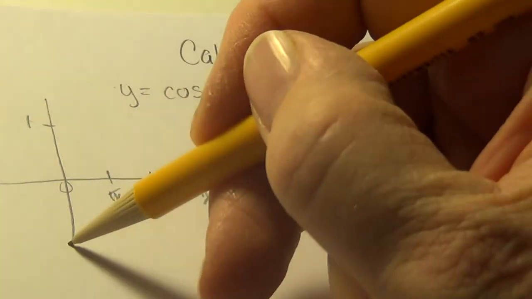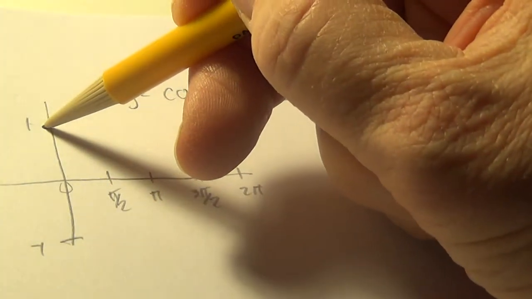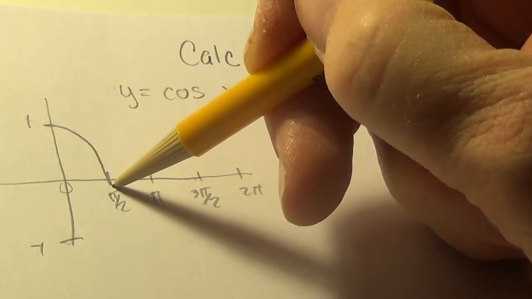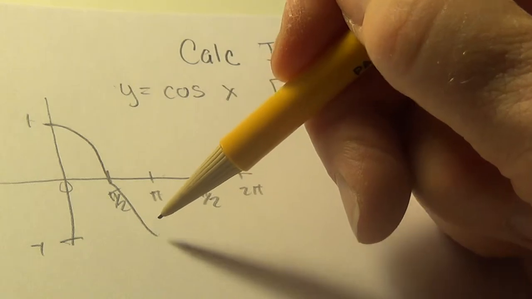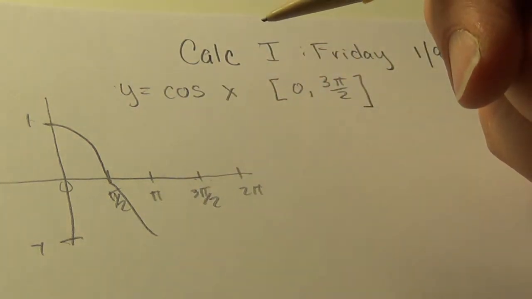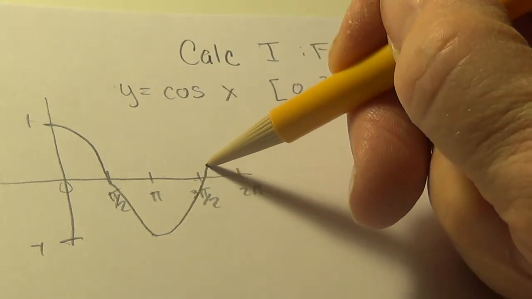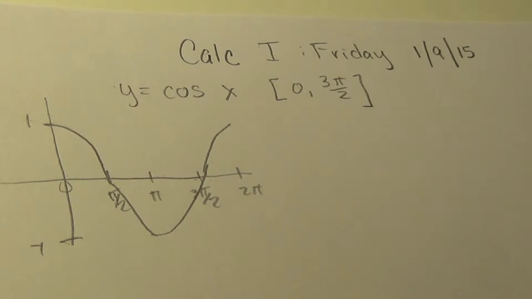It starts at the high point, which for the cosine curve is 1. It zeroes out at pi over 2. It gets to the lowest point, which is -1 at pi, and then it comes back up at 3 pi over 2. Then it will finish by going back up to 2 pi.